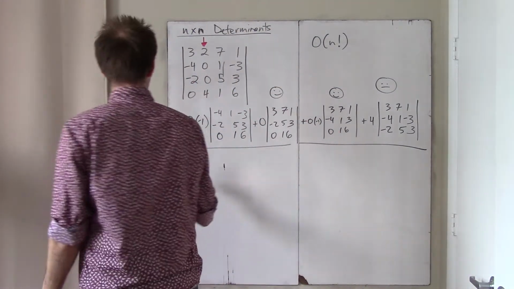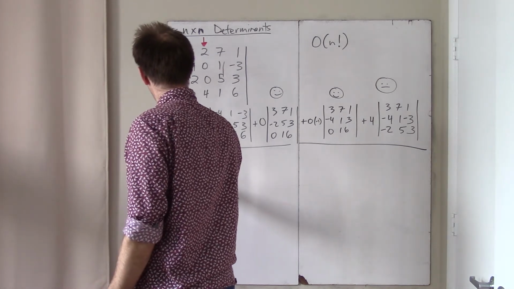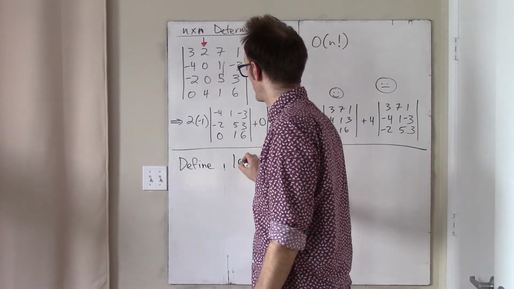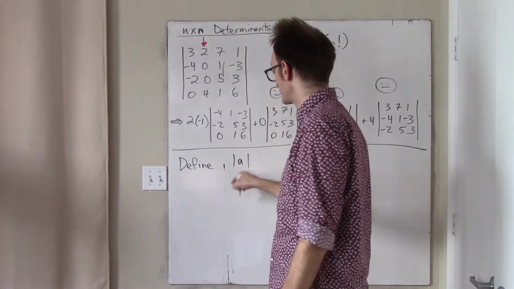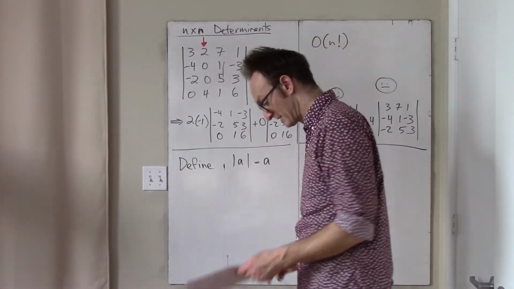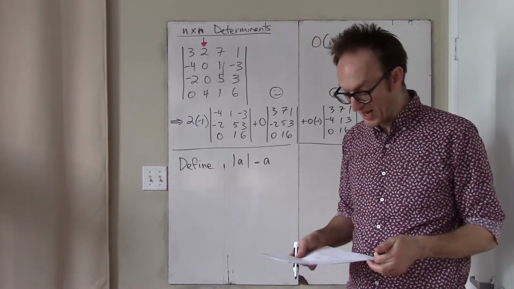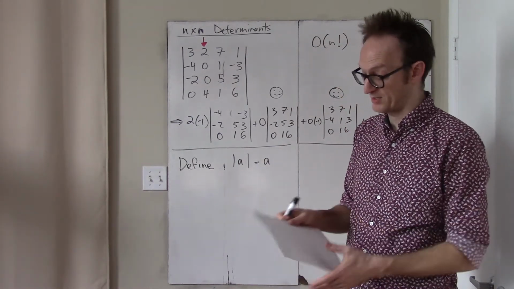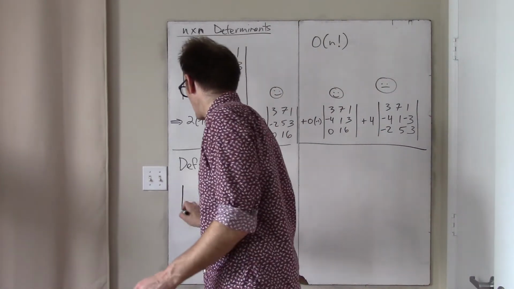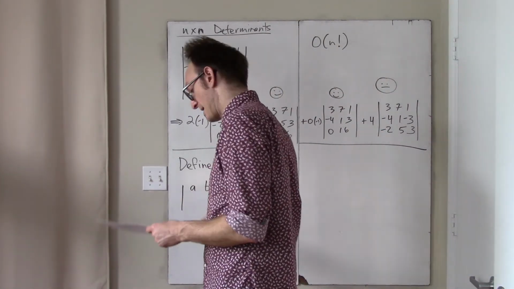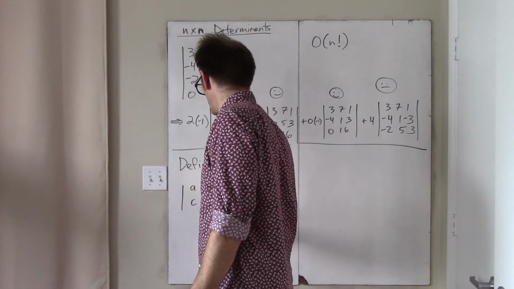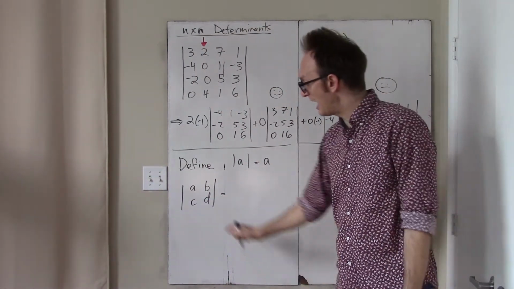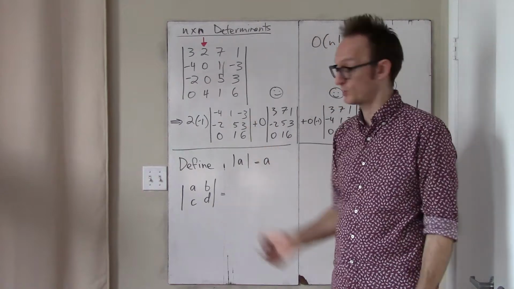But if you wanted to go all the way, you could define the determinant of a 1x1 matrix to just be the number. And if you define it that way, then I can compute a 2x2 determinant according to this recursive rule.